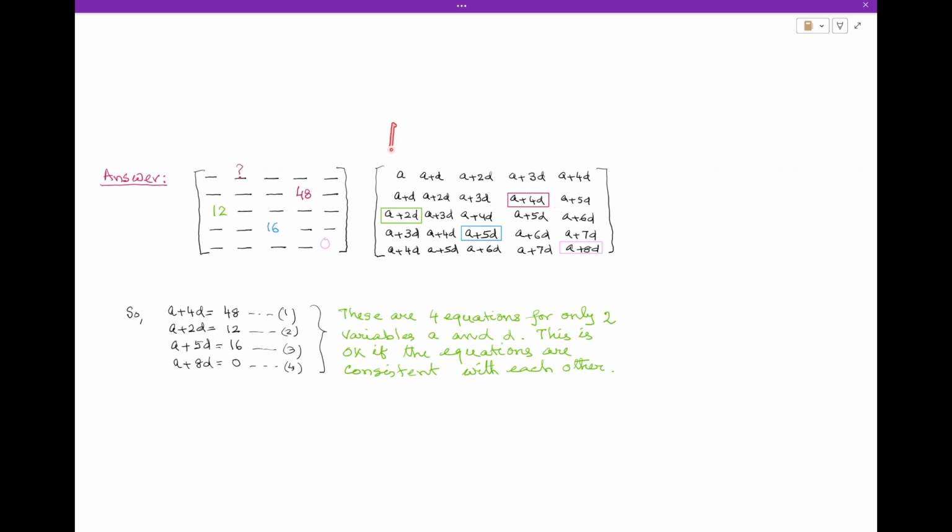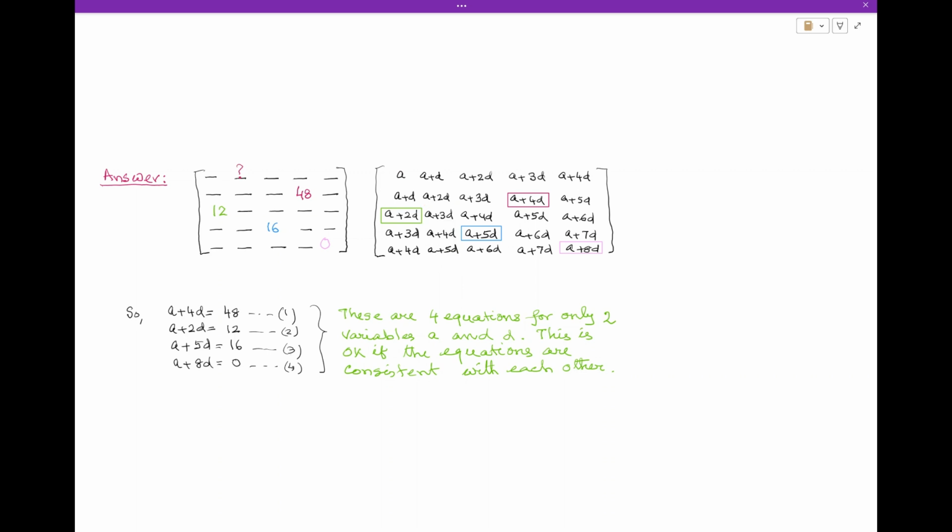In the first column, it will go as A, A plus D, A plus 2D, A plus 3D and A plus 4D. In the second column, it will go as A plus D, A plus 2D, A plus 3D, A plus 4D and A plus 5D.